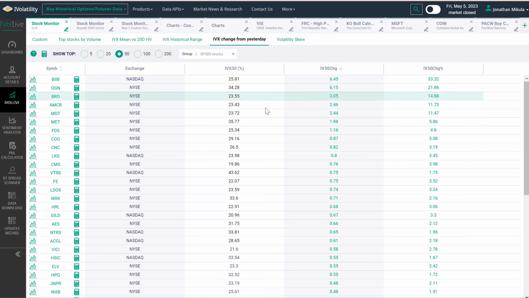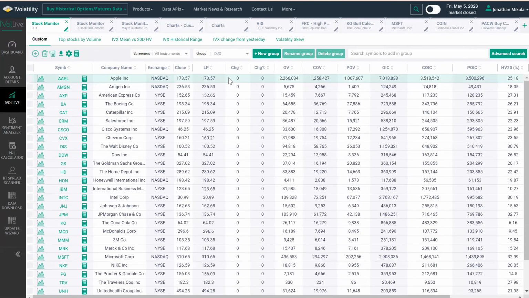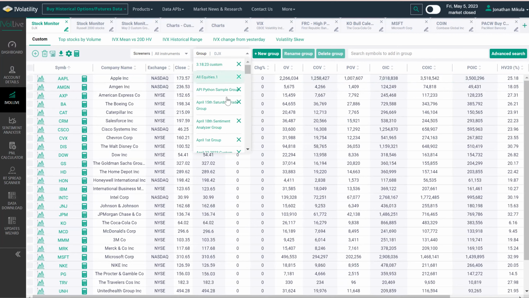So now the cool thing is, I've got 1, 2, 3, 4, 5. By running these screens, I have 5 potential names that I'm interested in evaluating further that weren't on my radar before. So what we could do is go back to our new group that we just set up, and we can add these tickers.